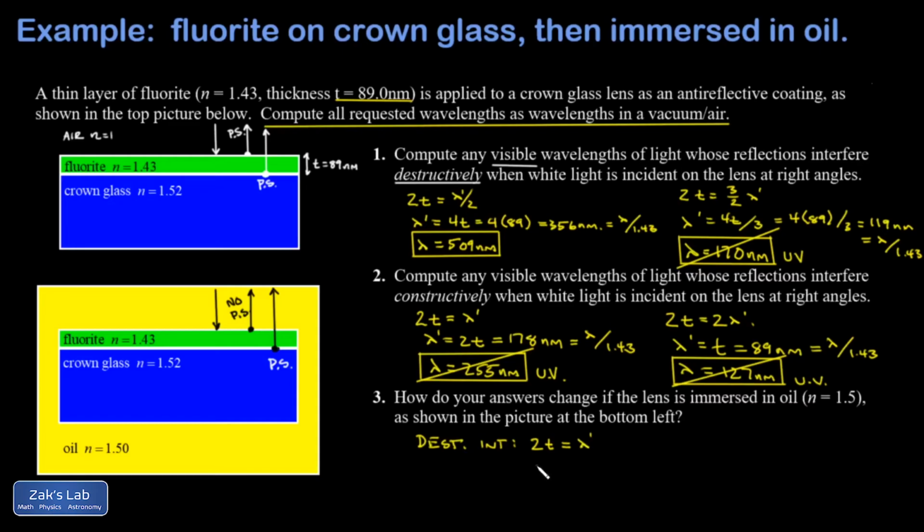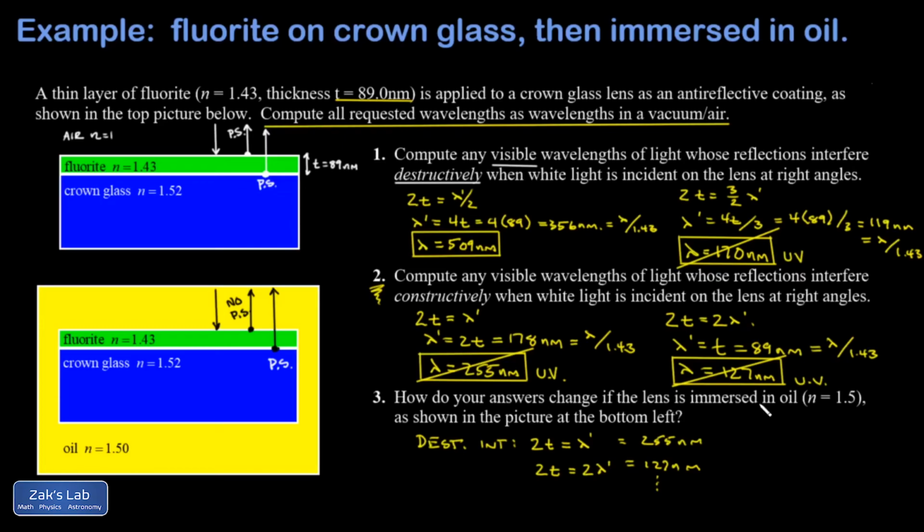The second time this occurs is when 2T is equal to 2 lambda prime. So all that's happened here is that I'm going to get destructive interference in the same places where I got constructive interference before I put this thing in the oil. That first wavelength, we've already done the math, is 255 nanometers, and the second one's 127 nanometers, and they just keep getting smaller.